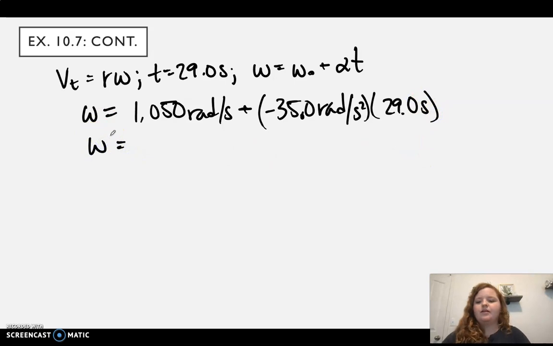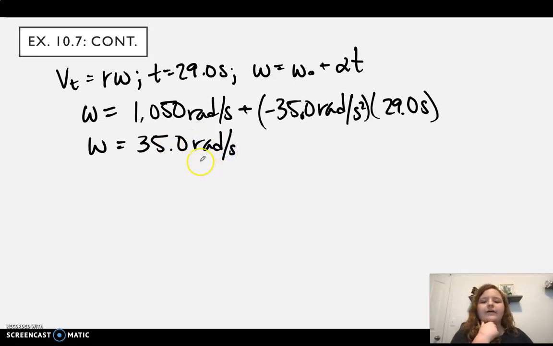Okay, so we can plug that into our calculator. Negative 35 times 29, add that to 1050, and I get 35 radians per second. Okay.